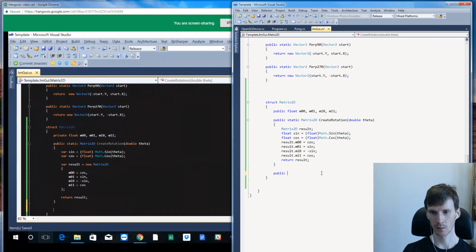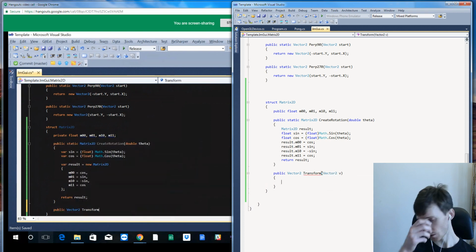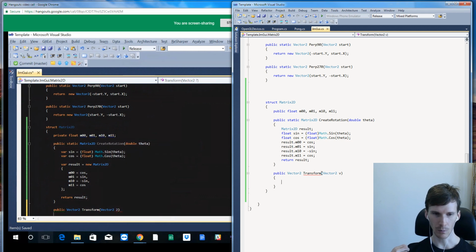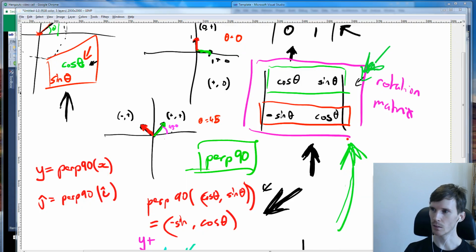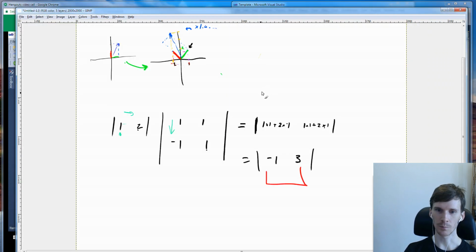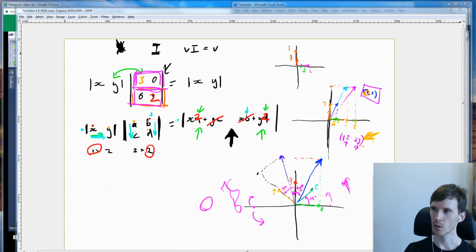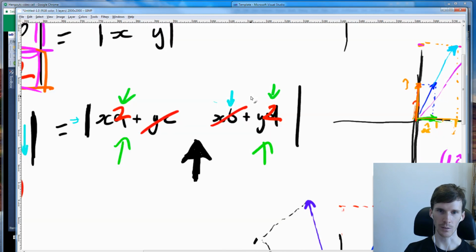public Vector2 transform a Vector2 v. So what do we know about this? This is exactly what we had on here. I've kind of scribbled over it.